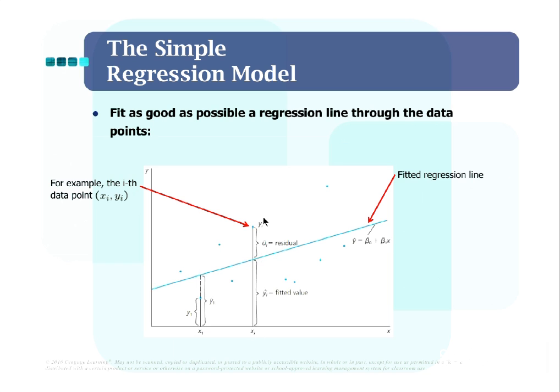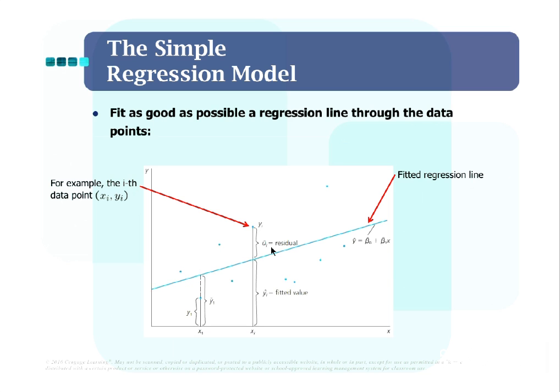Suppose for this point, xi, yi is this point, but the fitted value is here, so we have a residual ui hat.